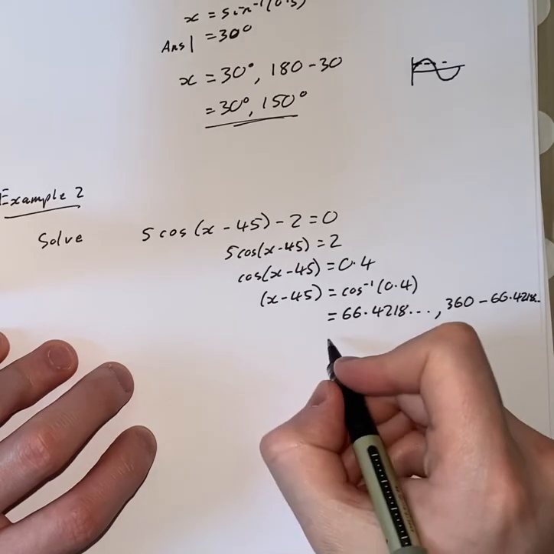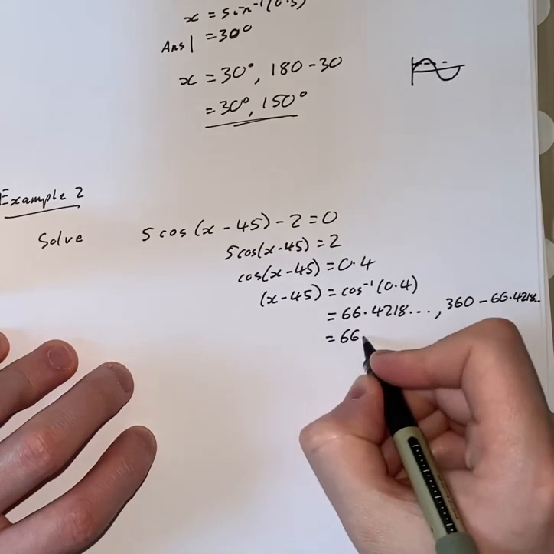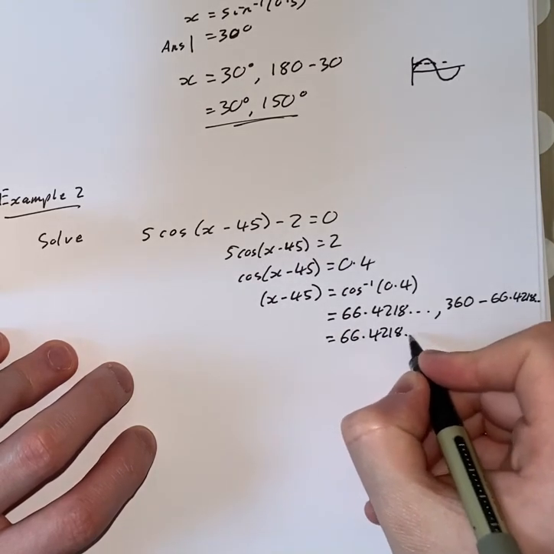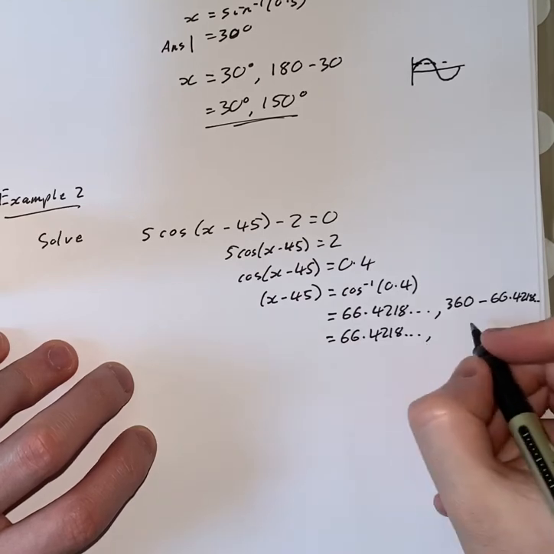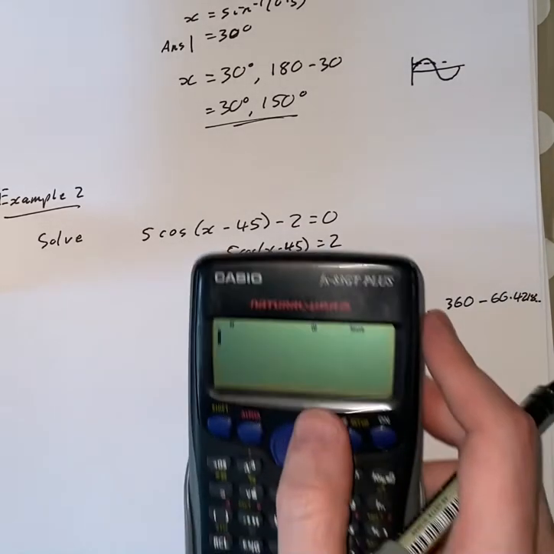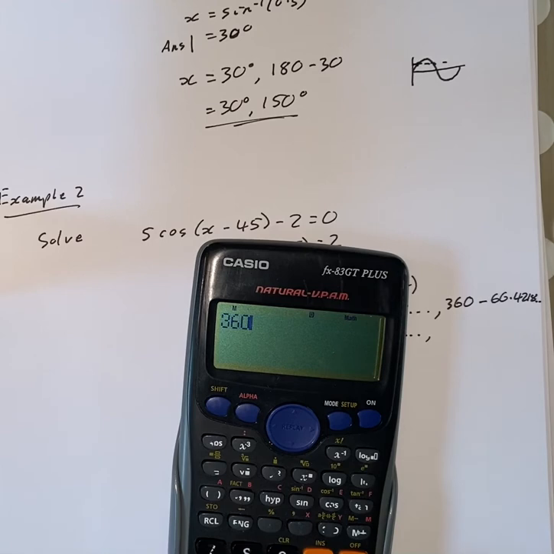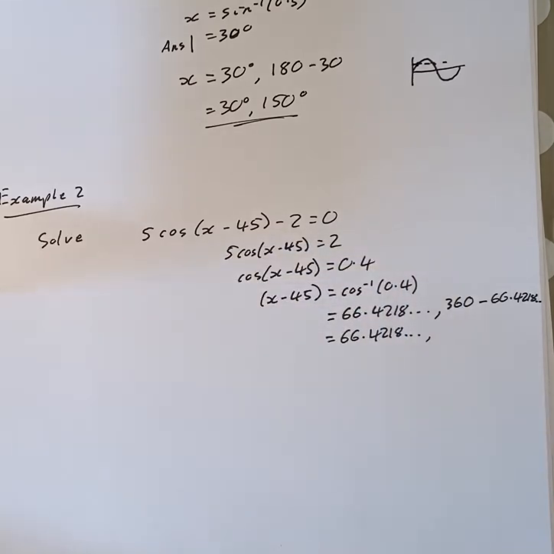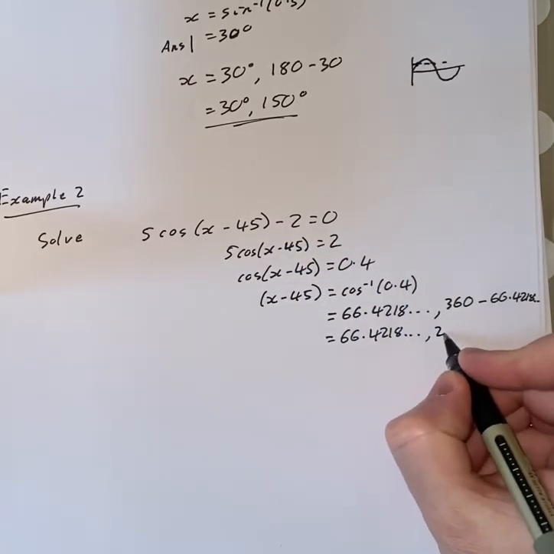Run out of space, but we'll manage. Then this is the point at which we do that 360 minus the 66.4218. So grab the calculator, 360 minus, in this case I'm just going to type it in. Use your answer key if you can.